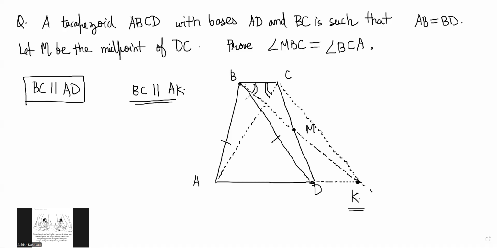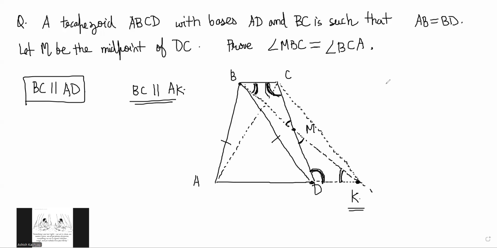And if it is parallel to AK, then we can say that this angle is equal to this angle by interior alternate angles. Similarly, this big angle BCD will be equal to this angle, again interior alternate angles. And we also know that this vertically opposite angle will be equal here.